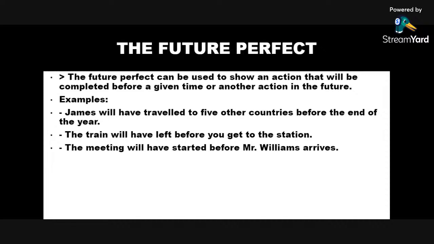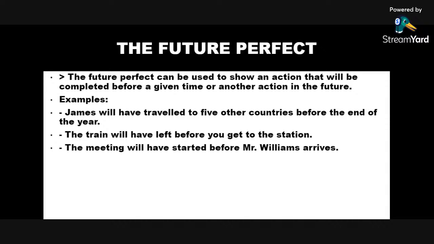So we are looking at 2 actions in the future, and we are using the future perfect tense to project into the future hypothetically, so to say. This is a product of imagination, and we are saying that James will have traveled to 5 other countries before the end of the year. We are speculating about something that is likely to occur in the future. And here we are looking at 2 actions.